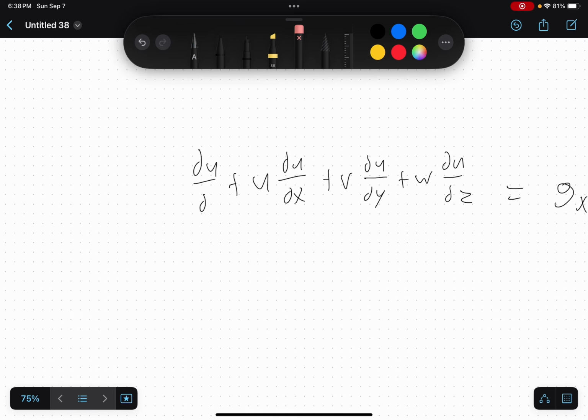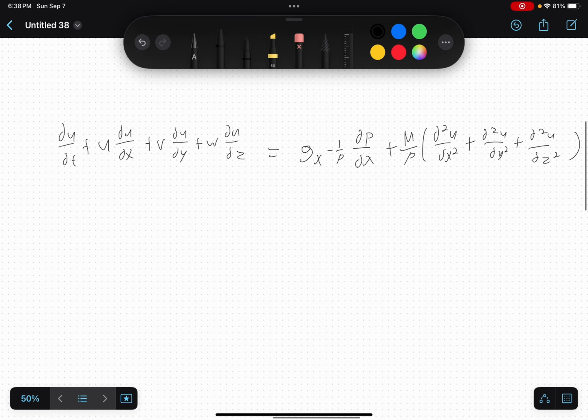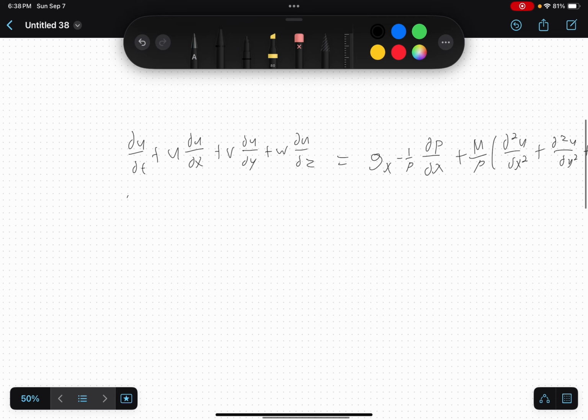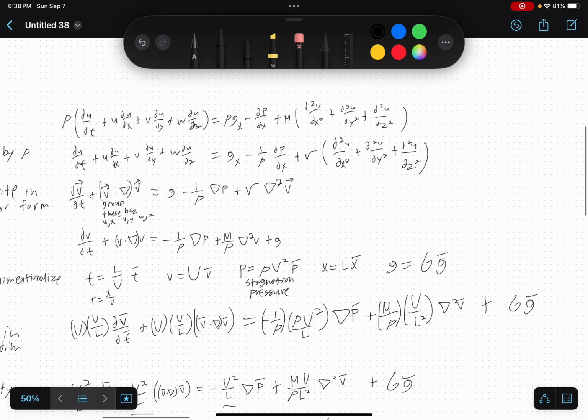This should be a dt. But I'm going to call the vector of velocity v, even though v is used as the y component. So we have, it's terrible, dv vector dt. Right? Yes.